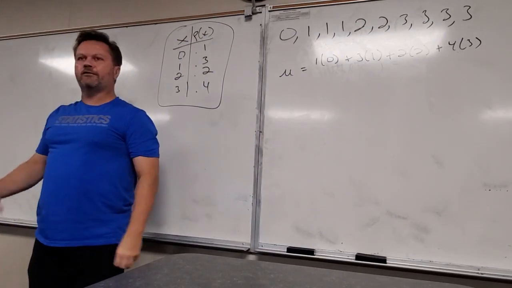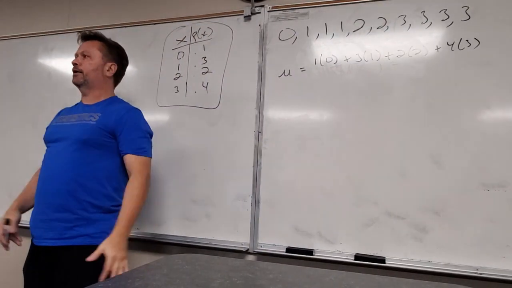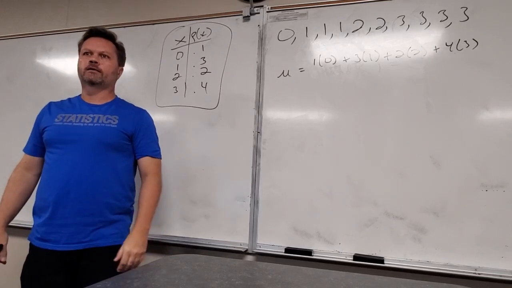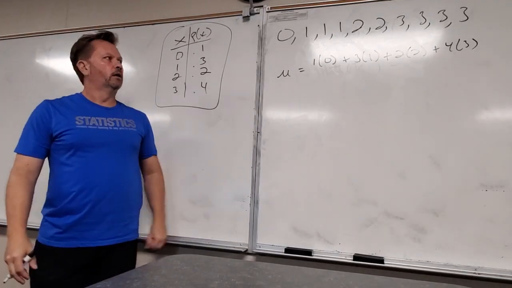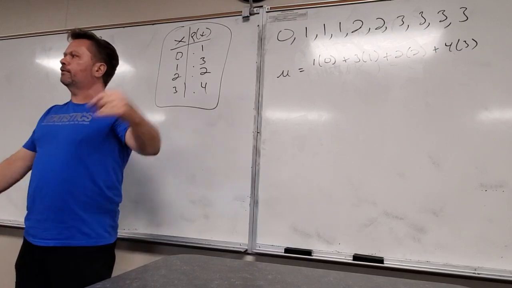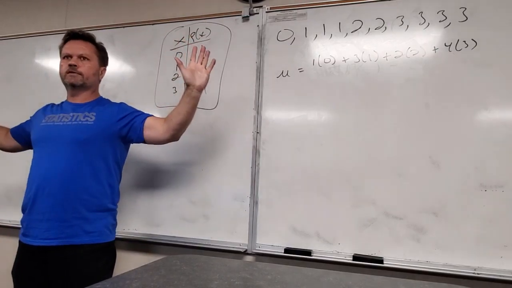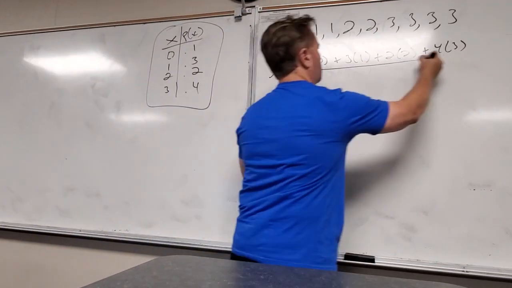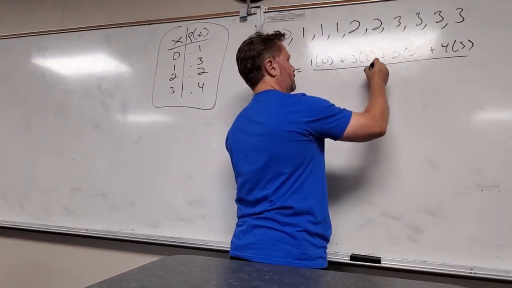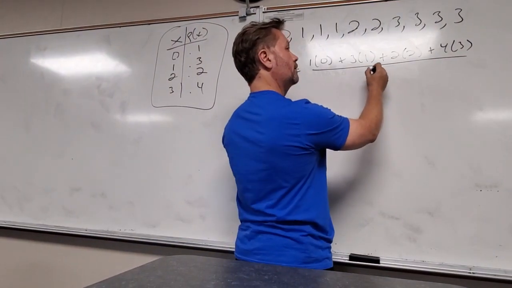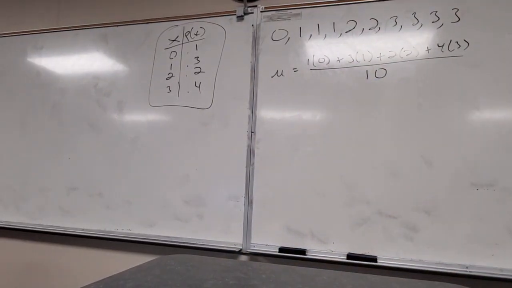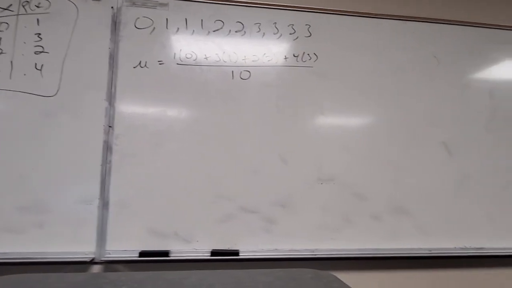Instead of writing 3 plus 3 plus, I'm just going to write 4 times 3. Is everybody cool with that? Divided by 10. There's 10 data points. And if you just do that, you'll get the answer, correct?